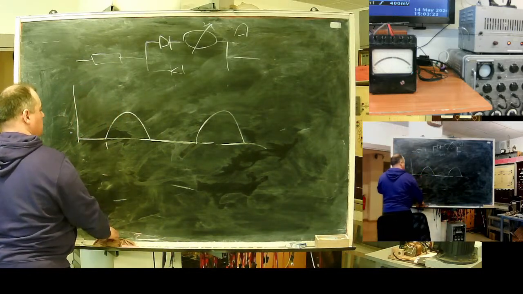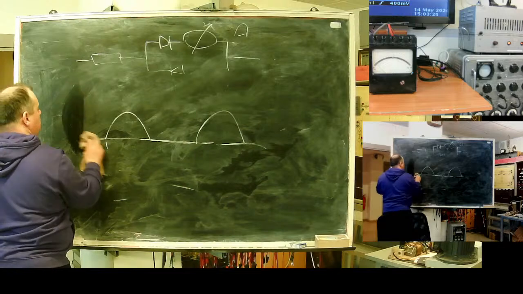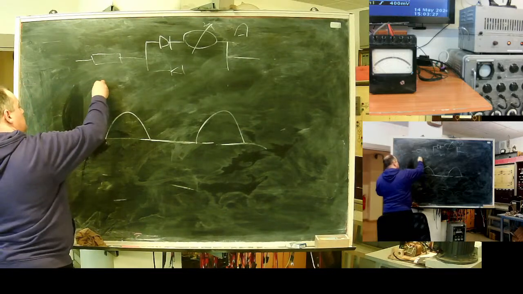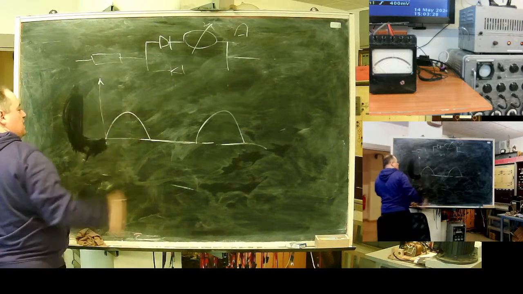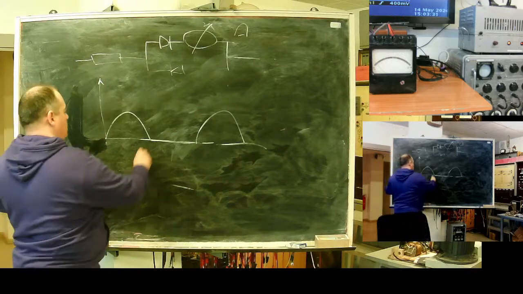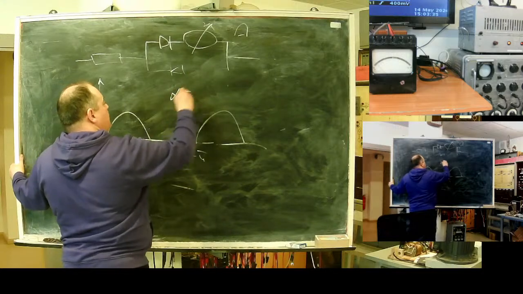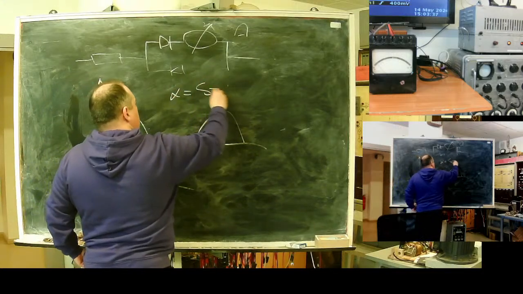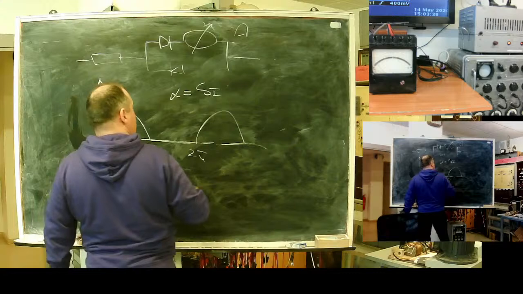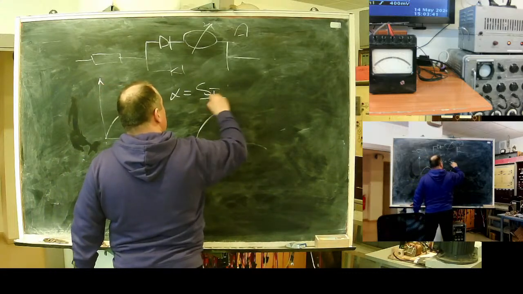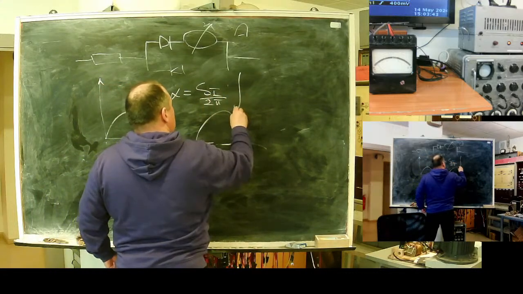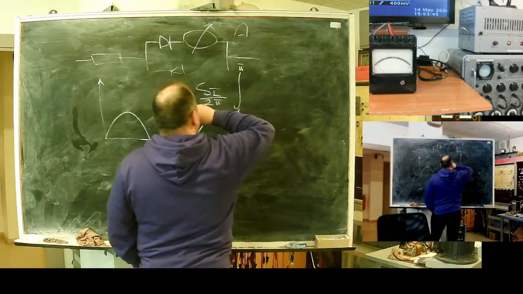With period double P, alpha will be a constant divided by double P, integral from 0 to P.